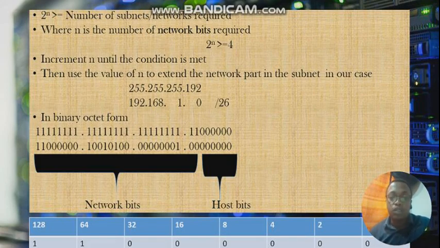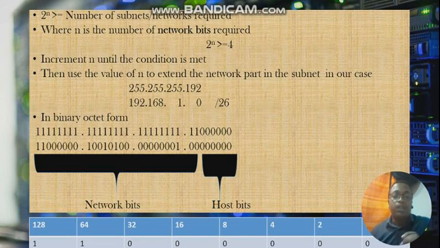So 2 raised to the power of n is supposed to be greater than or equal to 4, and we increment n until the condition is met.